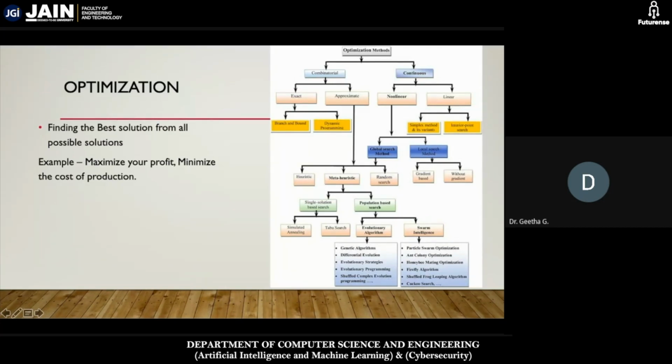One example is maximizing the profit. Another example could be minimizing the cost of production. These are the major business problems we have for optimization. So there is always a trade-off: time, cost, profit. You have to work on it.